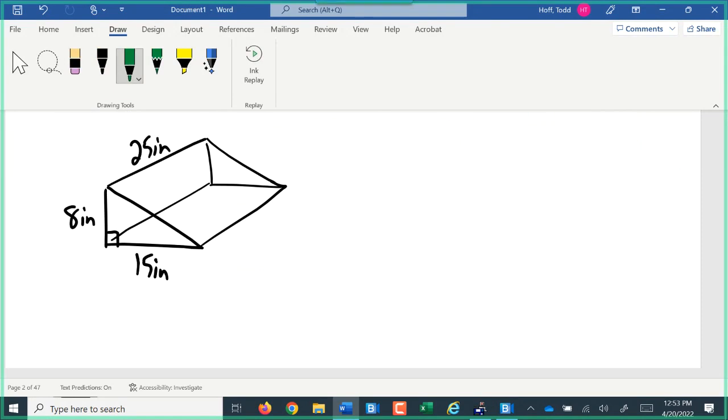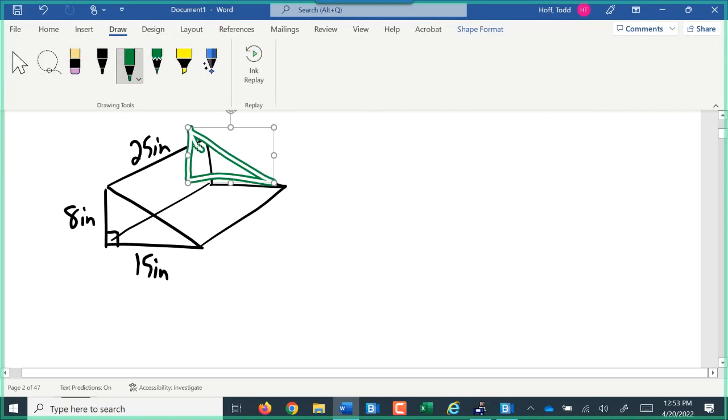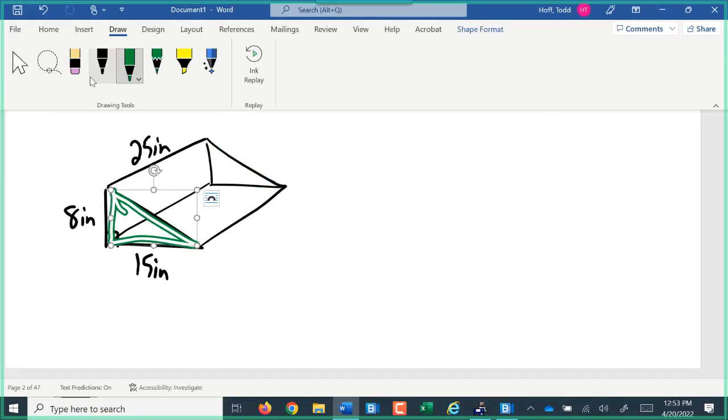The base here is the front of it. This triangle is the base. Why? Because that's the shape that we could pull through the object to create the solid. Does that make sense? If we slice the solid, that's the shape that the slice is going to look like.